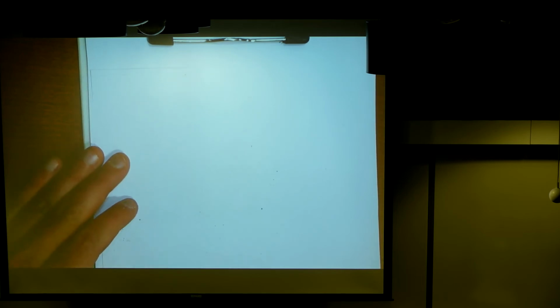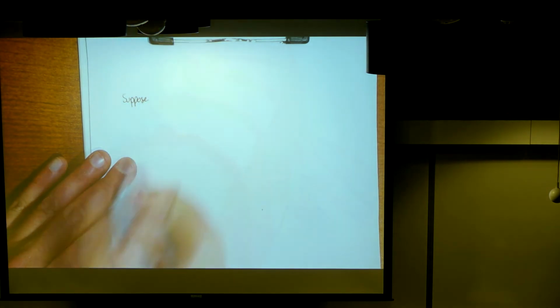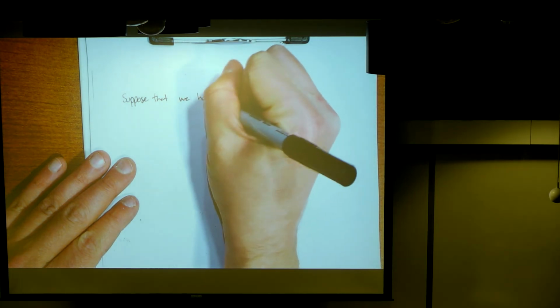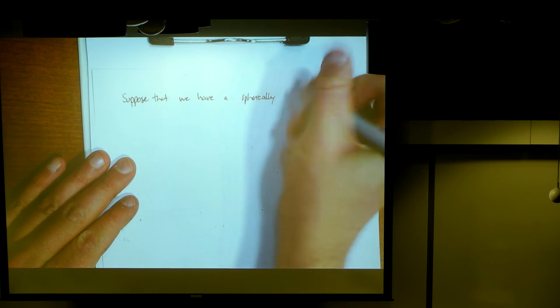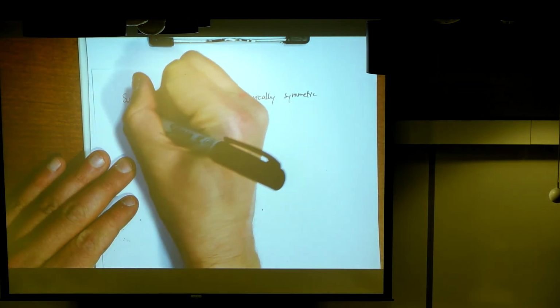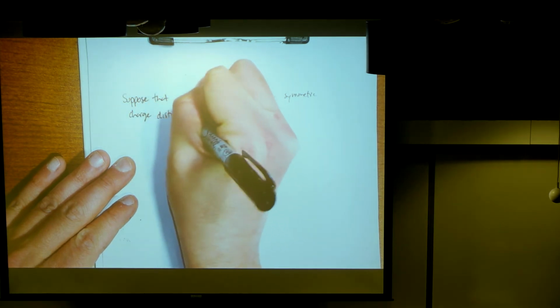All right, so again, this is kind of a subtle argument, so stop me if you need any clarification on this. But what I'm going to do here is suppose that we have a spherically symmetric charge distribution. Okay?